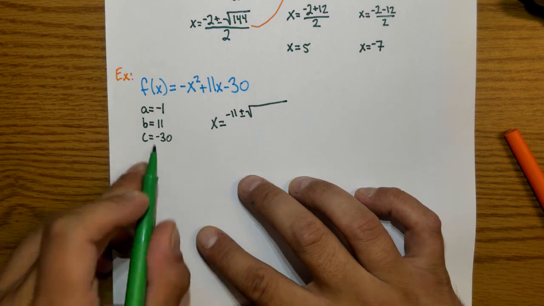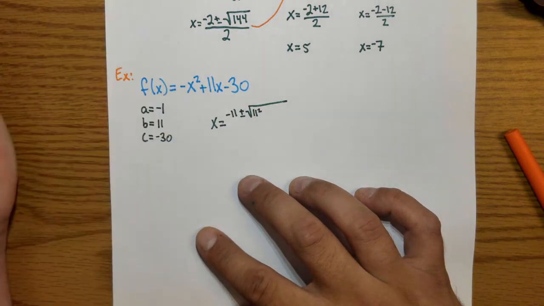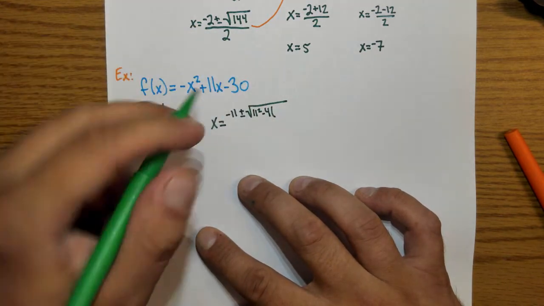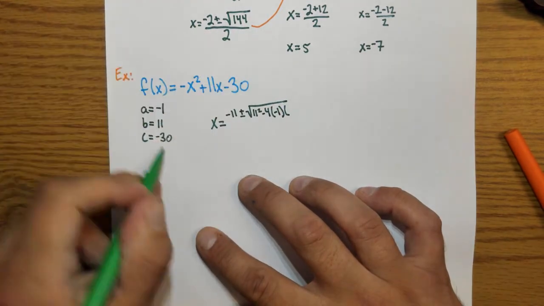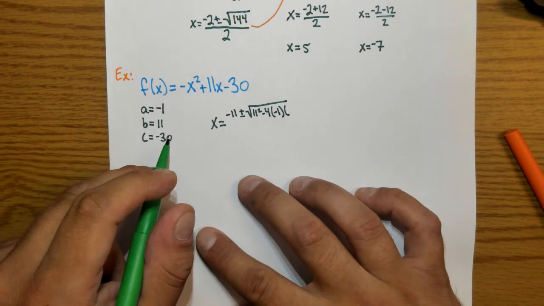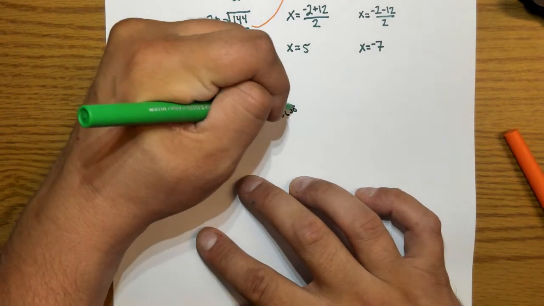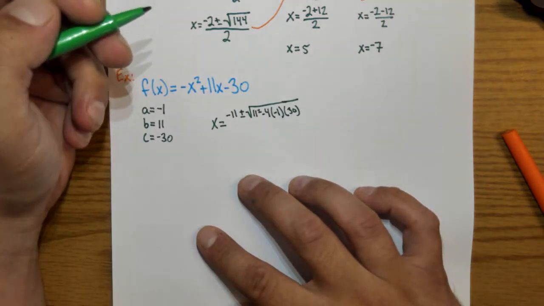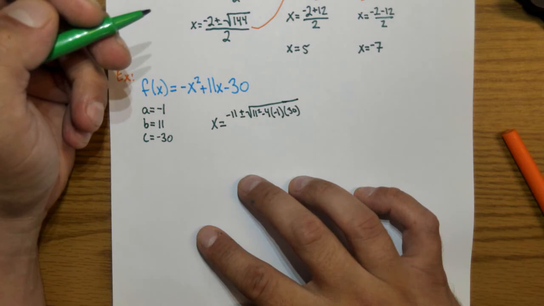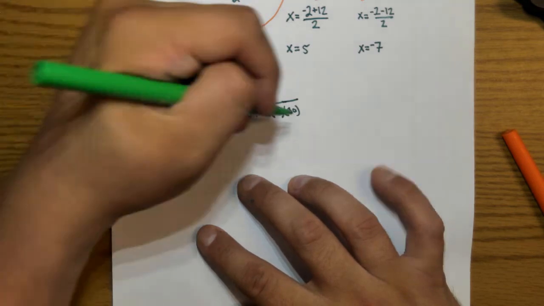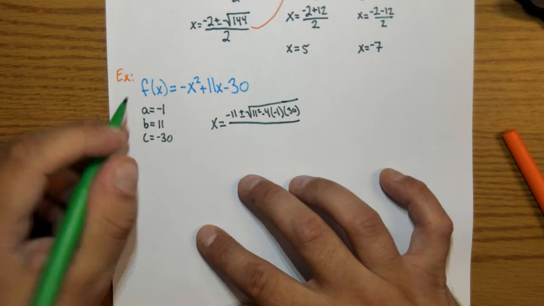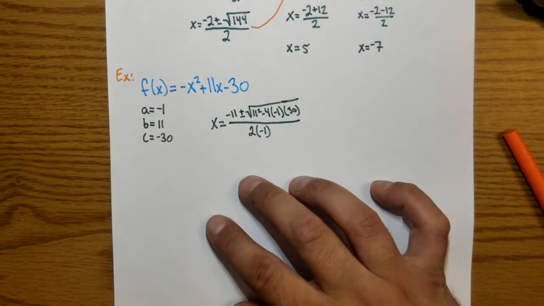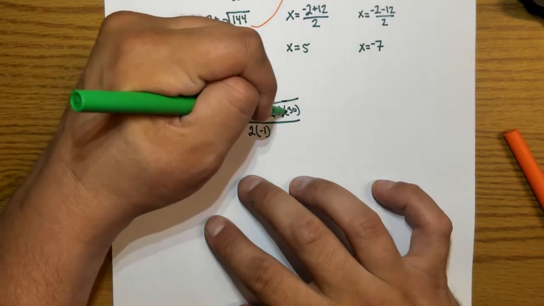Plus or minus square root of b squared, so 11 squared, minus 4ac, so minus 4 times a, which is negative 1, times c, which is negative 30, all divided by 2a. So 2 times negative 1.